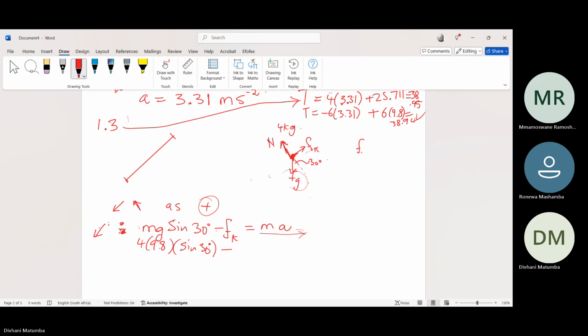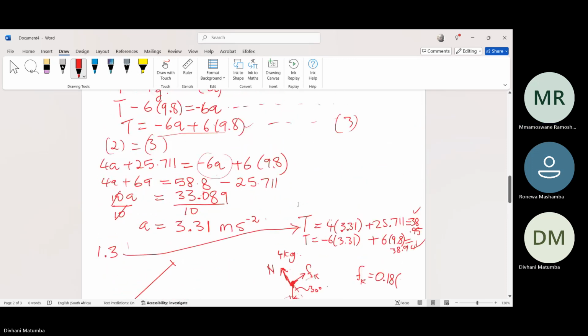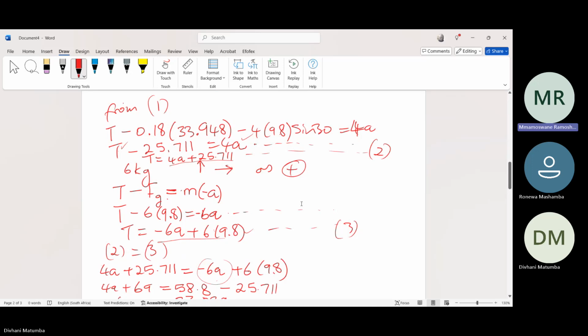Mamsan, what would be the value of friction? So will it not be negative 0.18 multiplied by mg cos 30? So will it not be negative 6.11? It is.